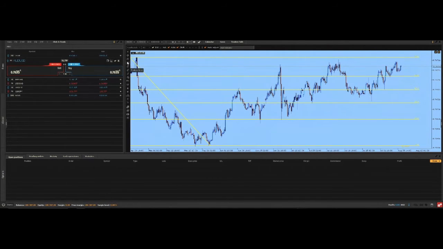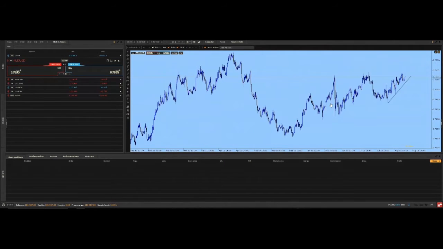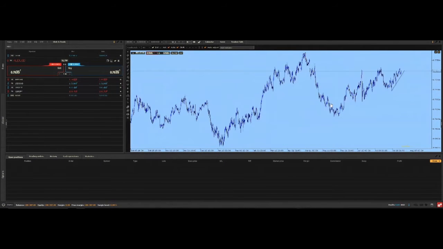Very strong uptrend, actually. Yeah, if you're looking right here, this is a very strong uptrend since July 25th. So we're going to go bullish on this.